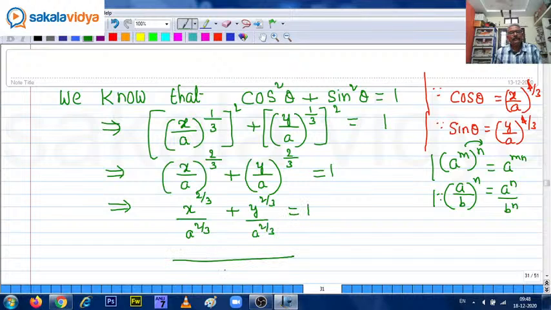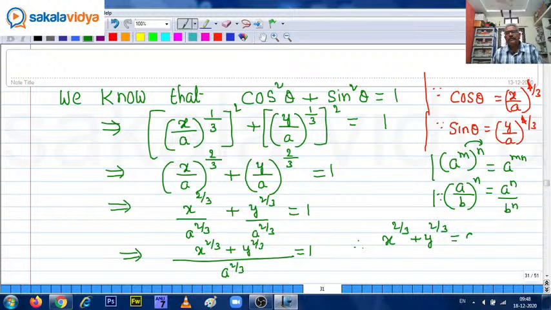Now a to the power of 2 by 3 is the LCM, so x to the power of 2 by 3 plus y to the power of 2 by 3 equals 1 times a to the power of 2 by 3. Therefore we get x to the power of 2 by 3 plus y to the power of 2 by 3 equals a to the power of 2 by 3. Hence proved.